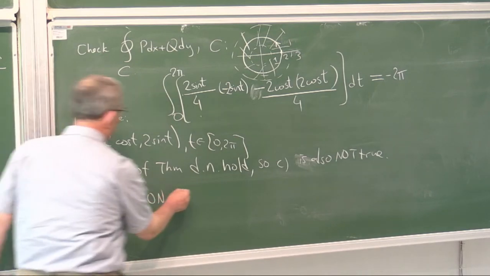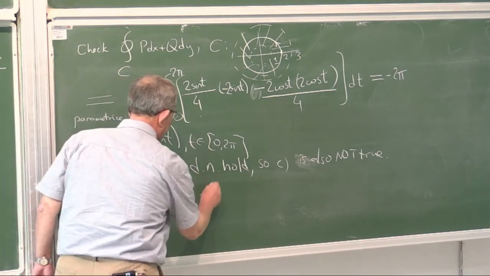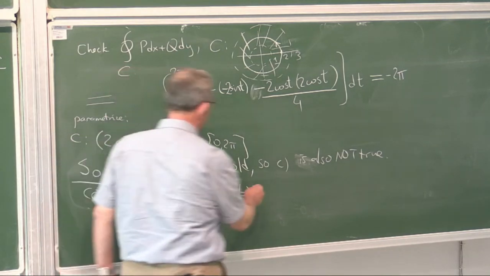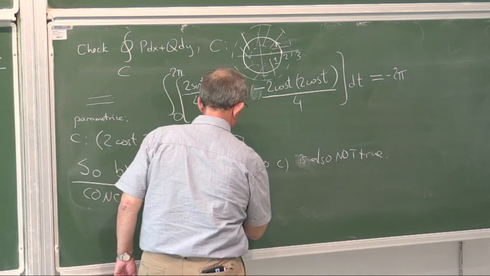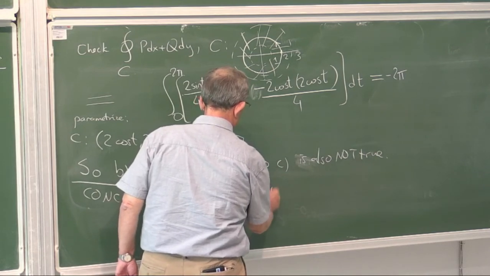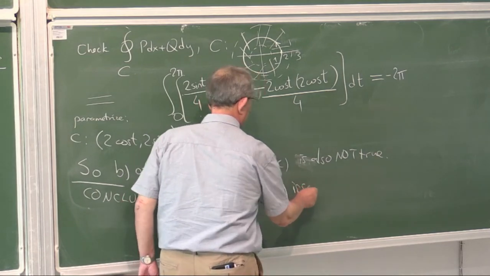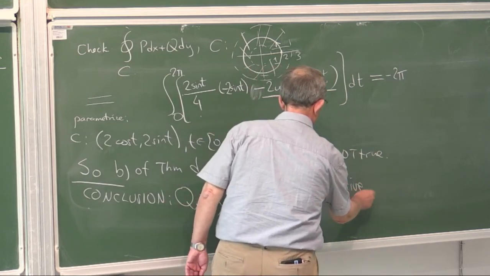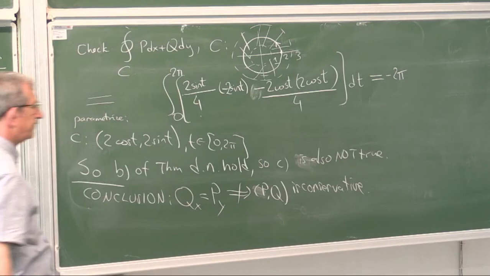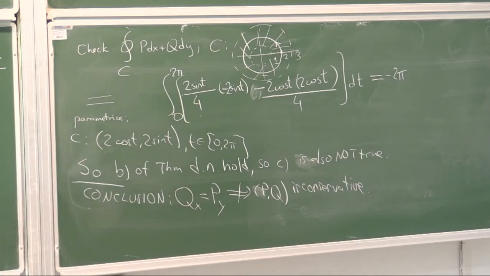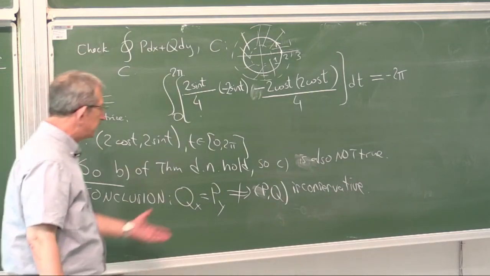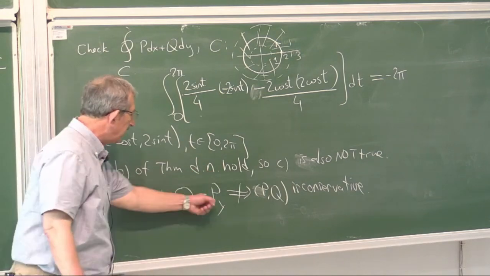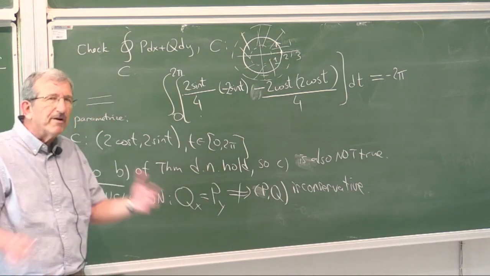Q sub x equal to P sub y does not imply that we have a conservative field. Well, this is quite disappointing because if it were true, we would know conservativeness just by checking this equality, and it would be very easy.